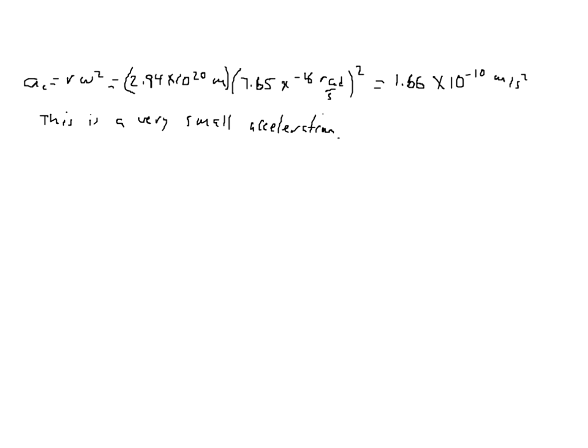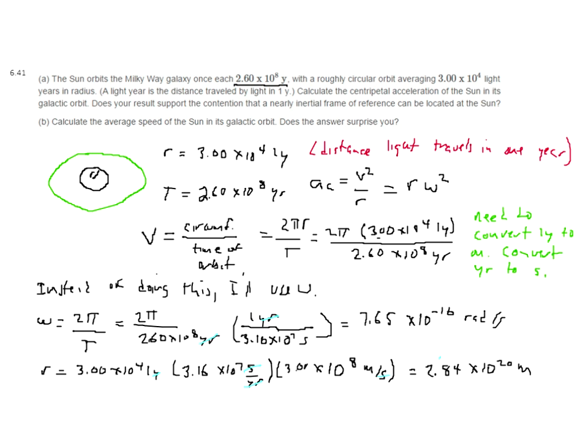This is a very small acceleration. So even though the sun is moving around the center of mass of the galaxy, it still is not changing its motion by that much. So the question before here was, does this result support the contention that a nearly inertial reference frame can be located at the sun?